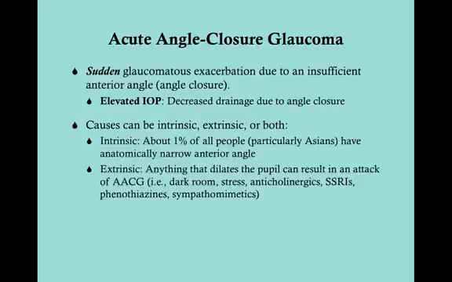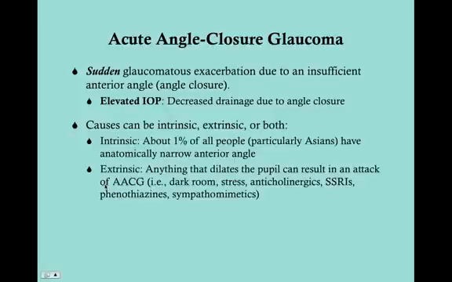The causes of this can be intrinsic or extrinsic, but typically they're a little bit of both. So intrinsically, about 1% of all people, particularly Asians and hyperopes like me, have, in case you didn't know, hyperopia just means farsightedness. But 1% of all people have anatomically narrow anterior angles. So that's a fact.